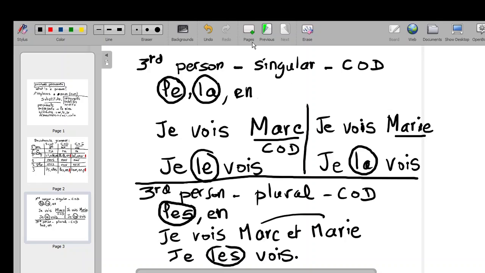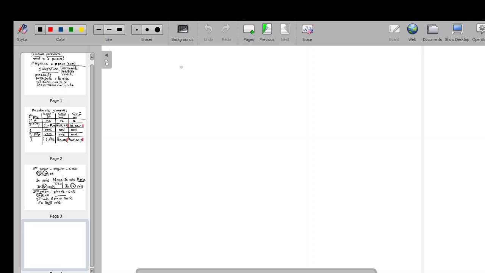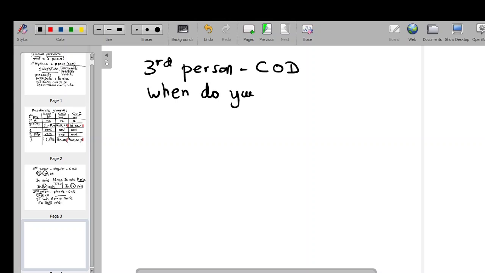Okay, so let's do another page. So third person, and I'm not gonna say singular or plural. I'm just gonna say COD. When do you use en?